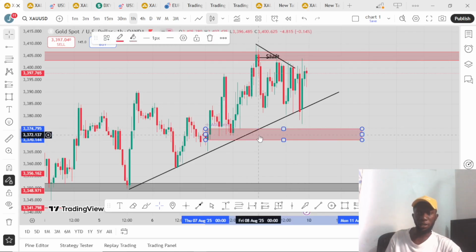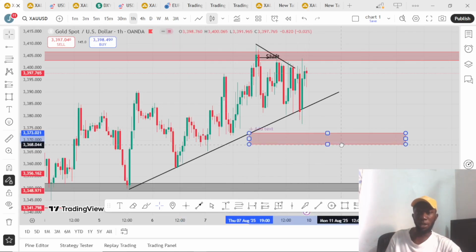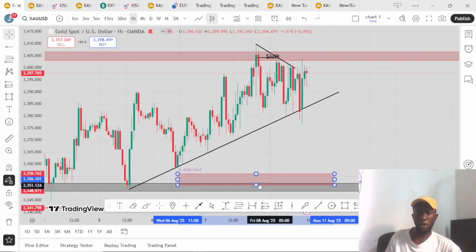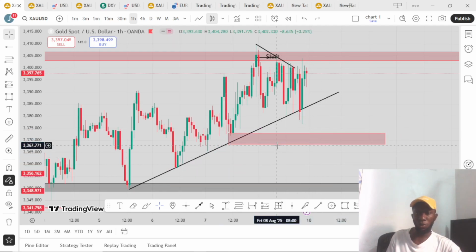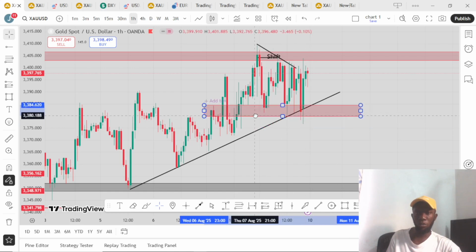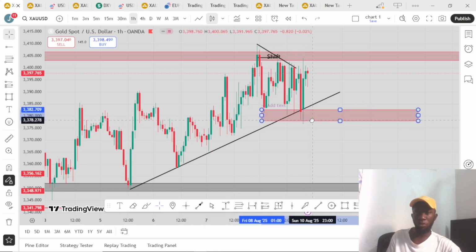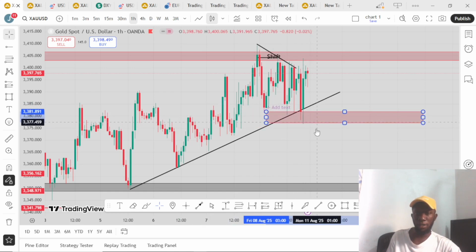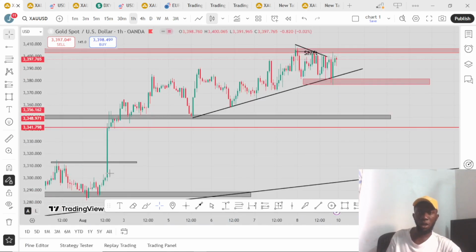So now we are taking this as our lower low, even though you can take this particular zone as your lower low, but since we saw that the retest, the consolidation was massively on this, I don't want to take this, even though you can take this as your lower low. Now let's use this zone as our lower low.